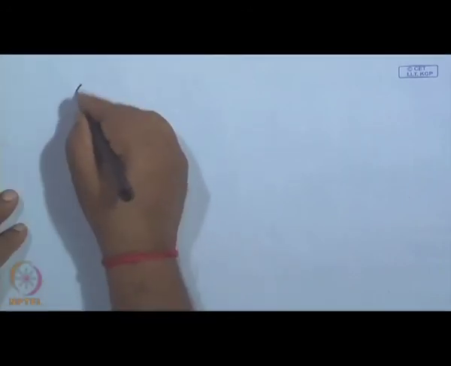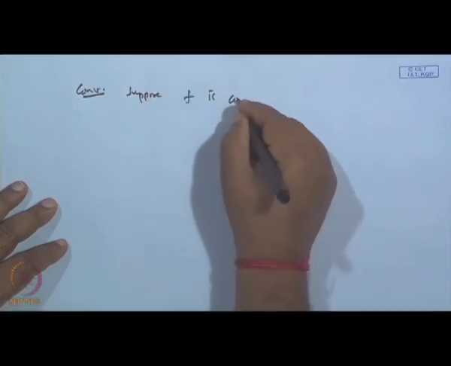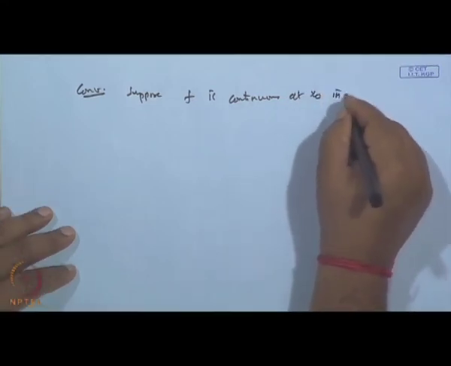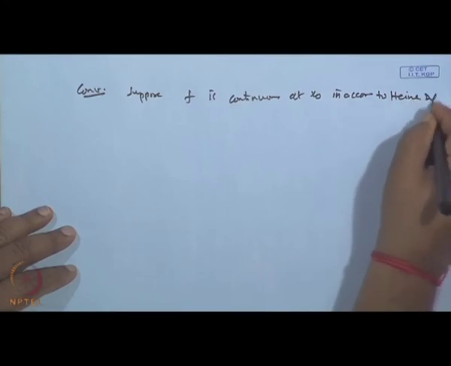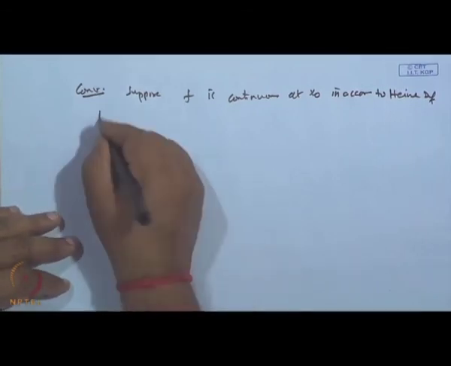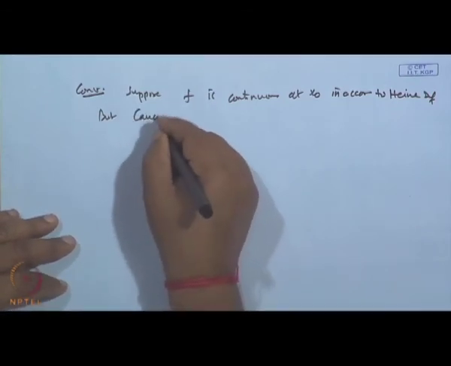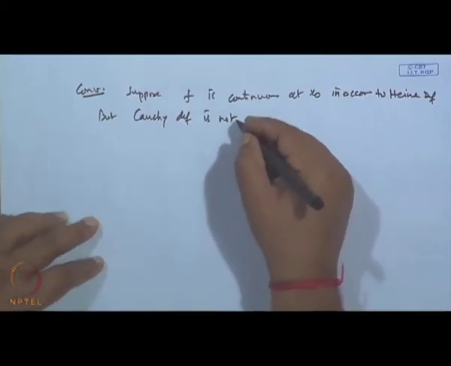Conversely, suppose f is continuous at x naught in accordance with Heine's definition. Suppose Cauchy's definition is not satisfied.